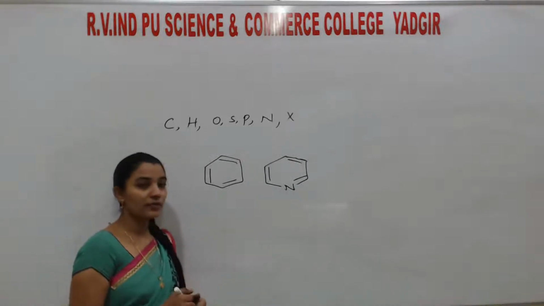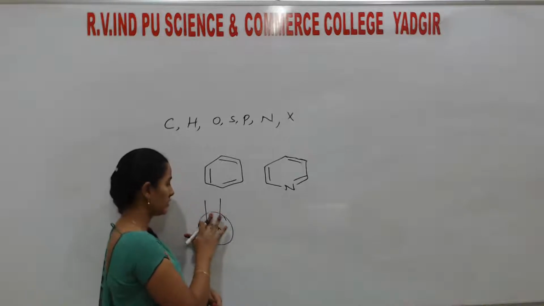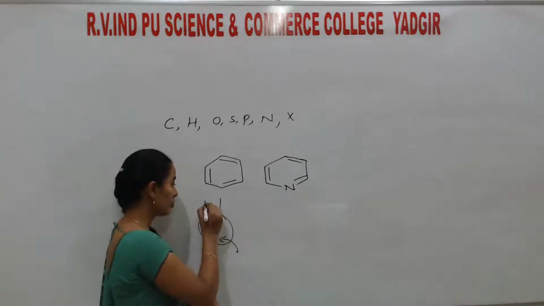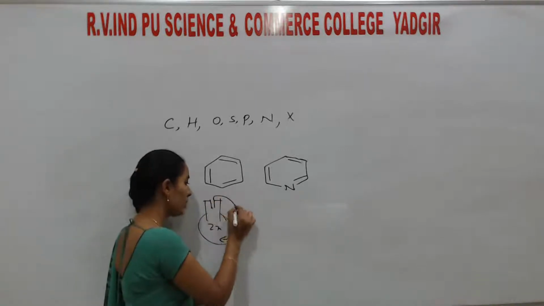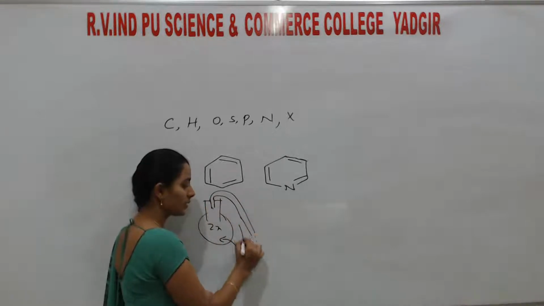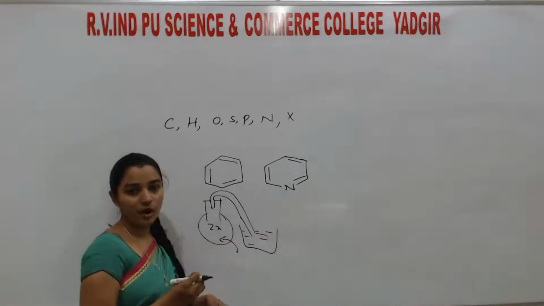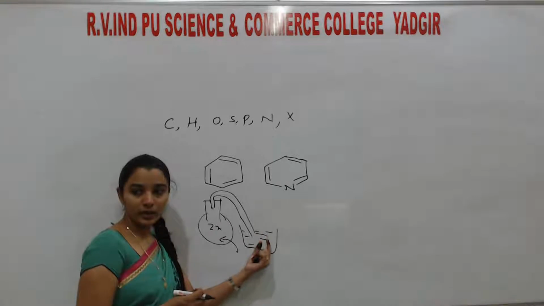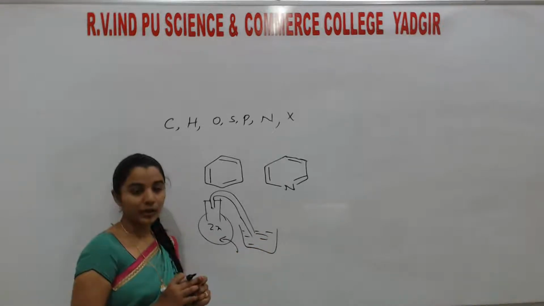To confirm that H2 gas, here zinc granules are there, to that acid is added, then H2 gas is liberated. Here we are inserting a tube directly inside the water. When the H2 gas is formed, bubbles are formed. By bubbling in that water, we can confirm H2 gas is liberated.